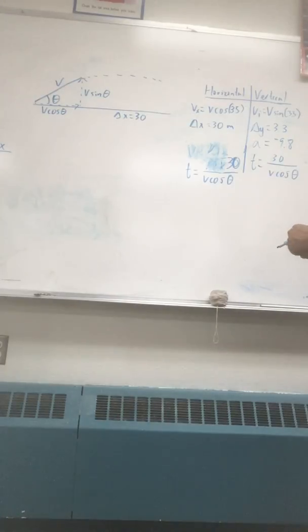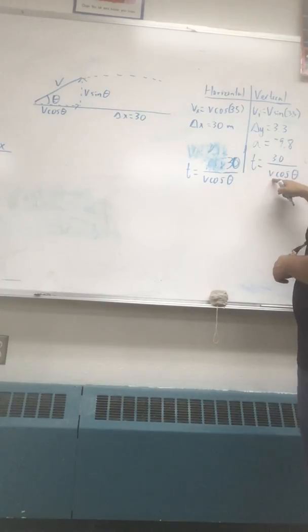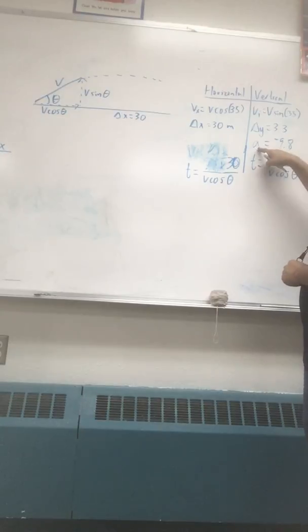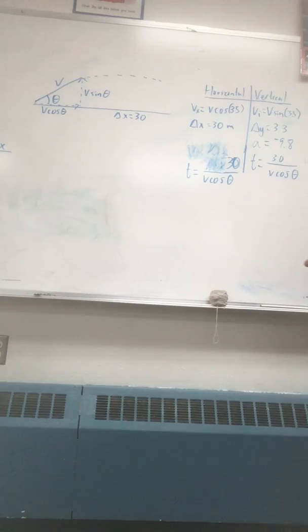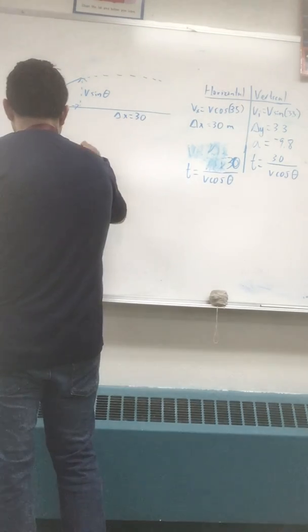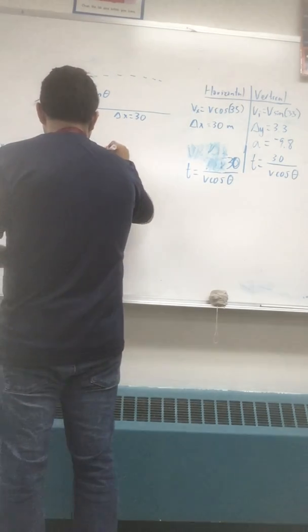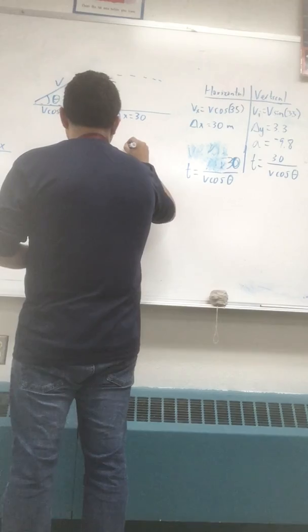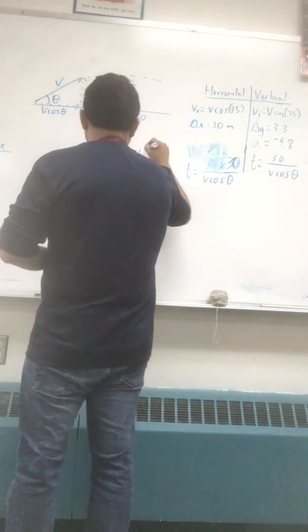And what do I ultimately want to solve? The V. So now I know time, I know my acceleration, I know all of these, and only one equation has all of that. That's going to be change in y equals VI t plus 1/2 a t squared.